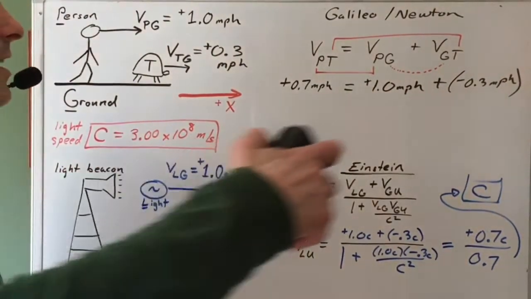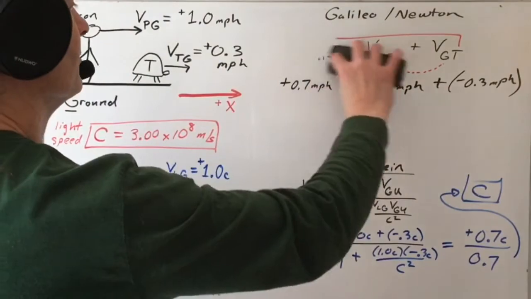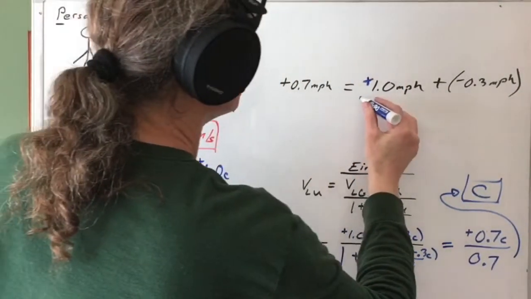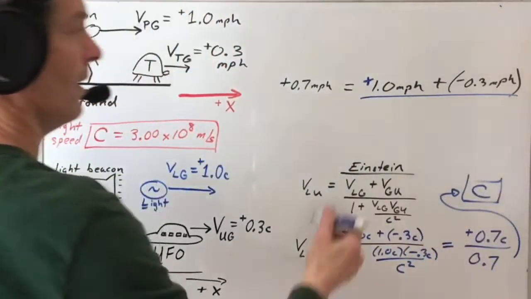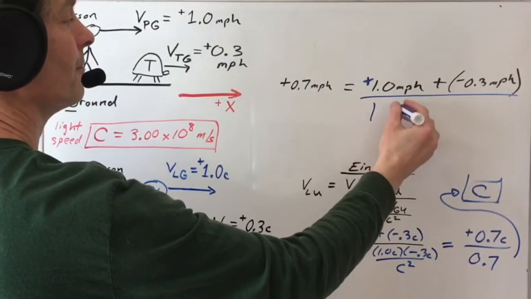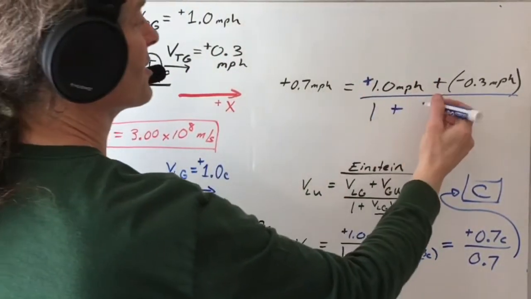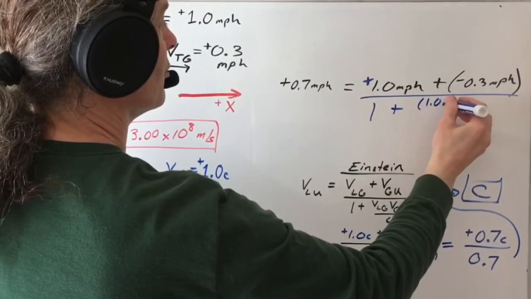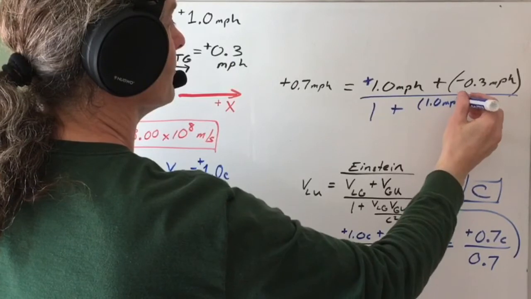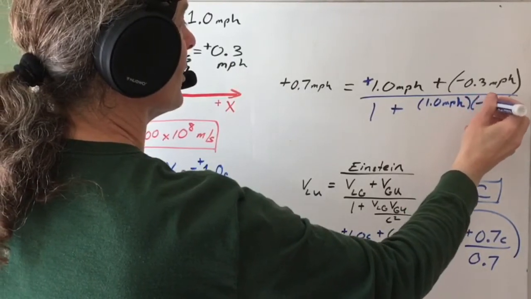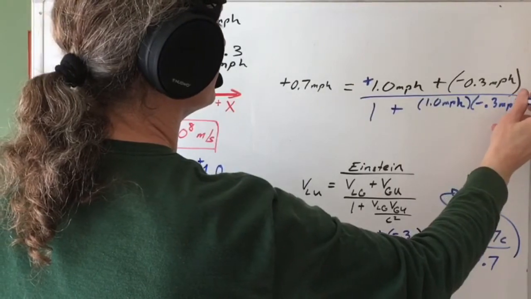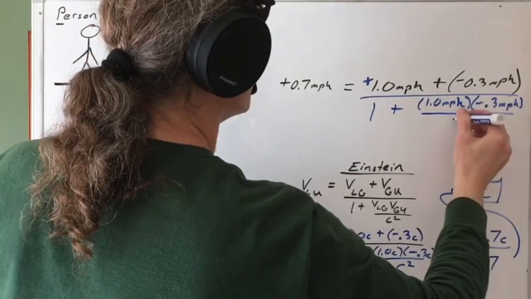So let's do that. So I'm going to erase this. And to turn this into the Einstein formula, I'd have 1 plus, then I'd have these things in the denominator. 1.0 miles per hour and minus 0.3 miles per hour over c squared.